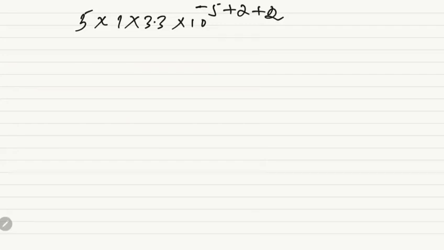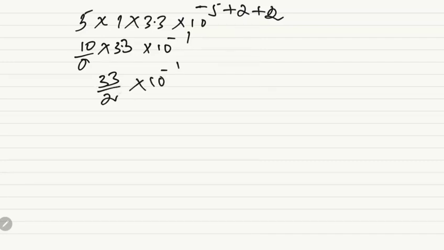Now this is equal to 1 times 5 is 5, so you can write that 5 as 10 over 2 times 3.3, times 10 to the power of minus 5 plus 2, which is minus 1. So 10 times 3.3 is 33 over 2 times 10 to the power of minus 1.